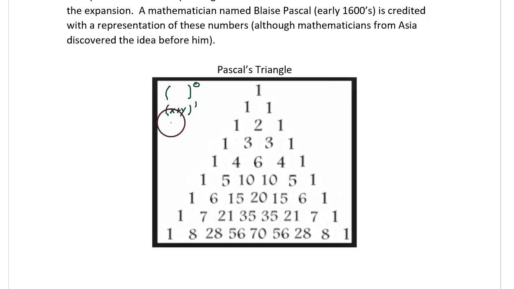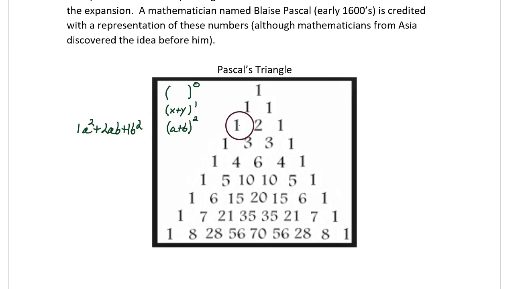Now in this next row, we're going to use that whenever we have a binomial to the second power. And that fits our very first example from today's notes, right? We had a plus b and squared it, and we said that the answer was a squared plus 2ab plus b squared. The coefficients are 1, 2, and 1.